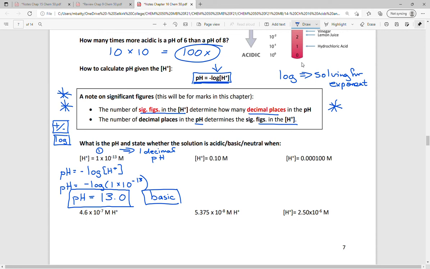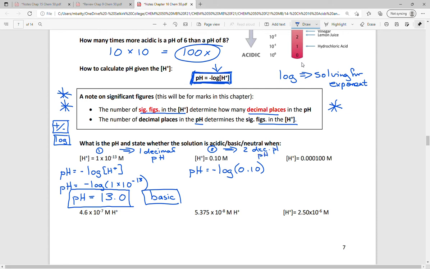So let's try these ones. We're going to practice this convention, using this equation in each case and the buttons on our calculator. The pH here is going to be equal to the negative log of my hydrogen ion concentration. I don't have space to write the equation each time, but I'll write down what I would put into my calculator. In this one, remembering the sig fig conventions, I have 2 sig figs in my concentration, so that means I'd have 2 decimal places in my pH.